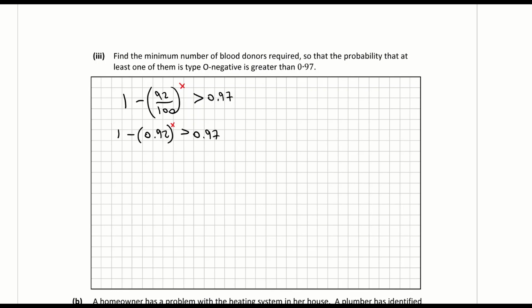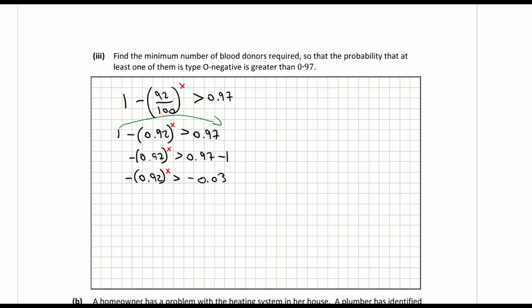I'm going to subtract 1 from both sides, or basically move over that 1, which will give me negative 0.92 to the power of x is greater than 0.97 subtract 1.